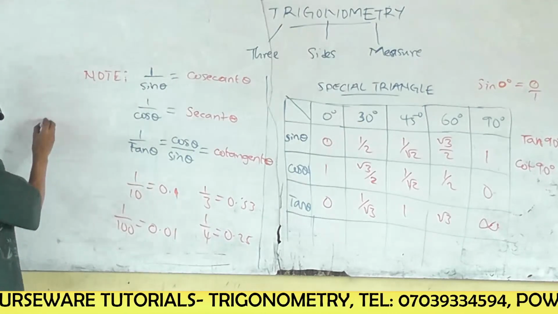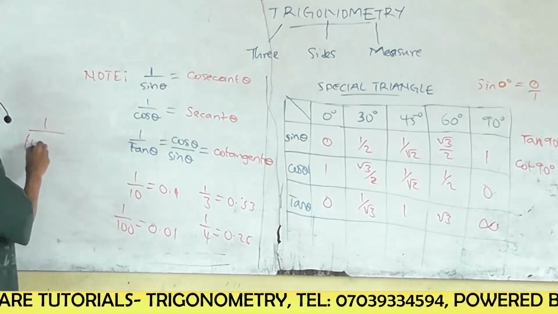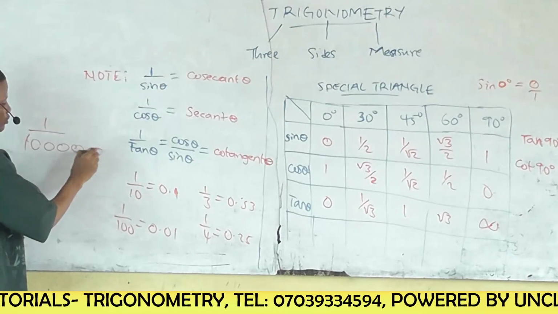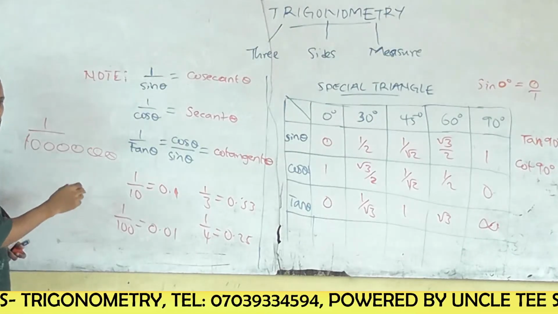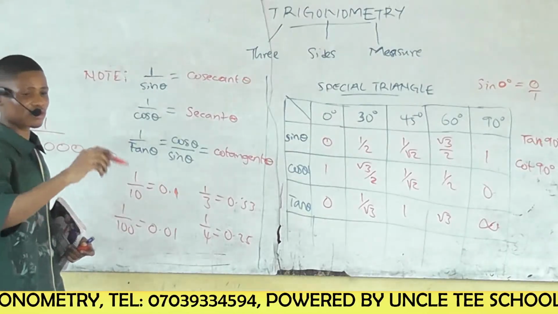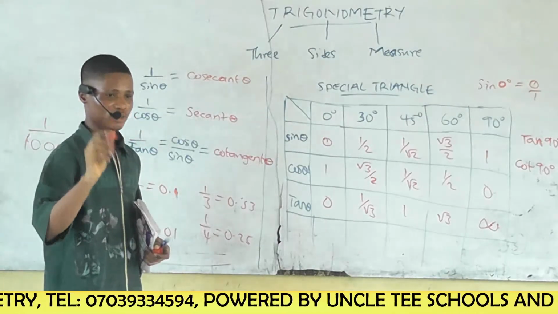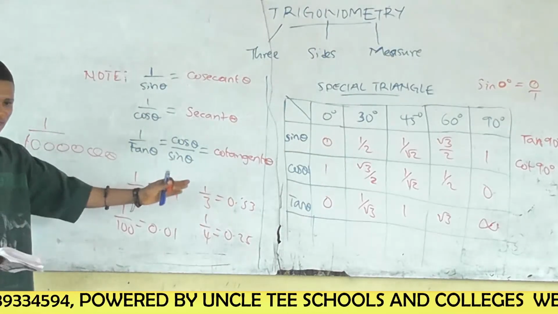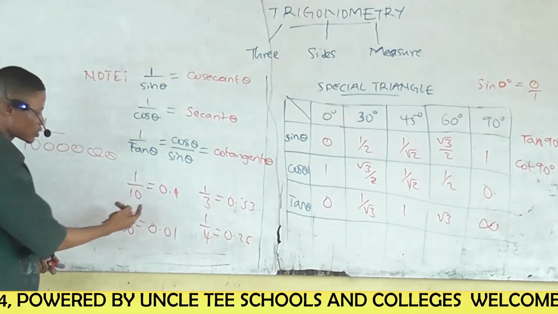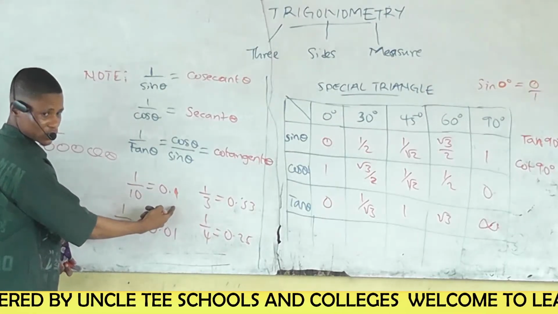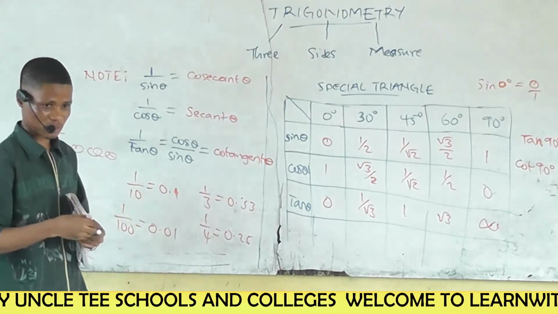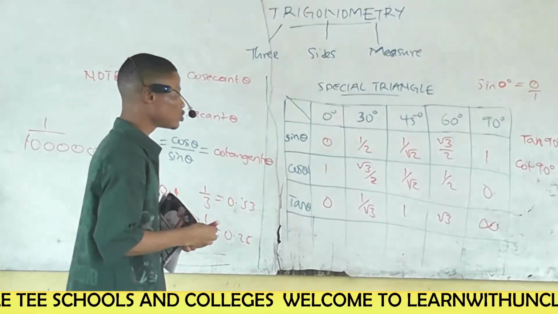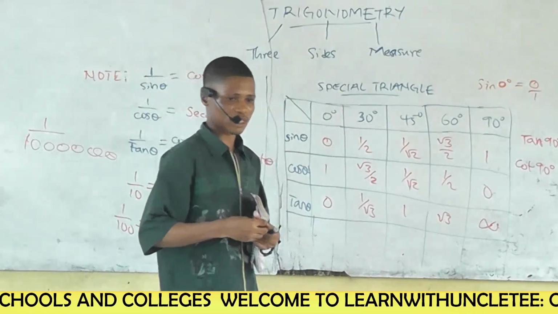Okay, if you say 1 divided by 1 trillion, it will be 0.00000000000. So as this number is tending to infinity, you know you are getting 0 here. So that's how you can use it to explain the logical proof for cot 90 degree.